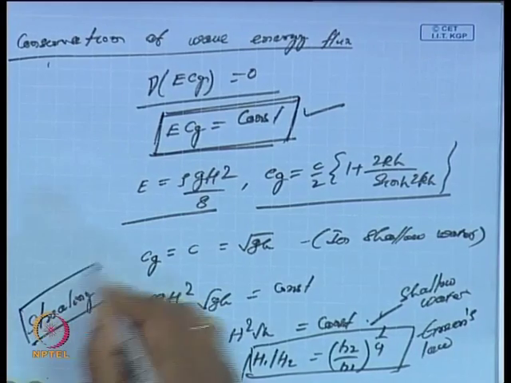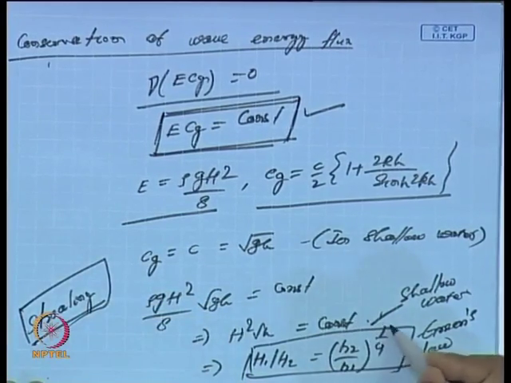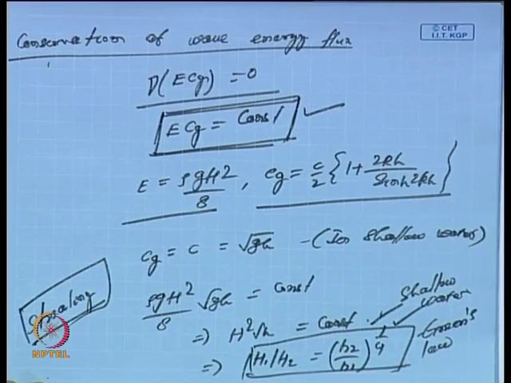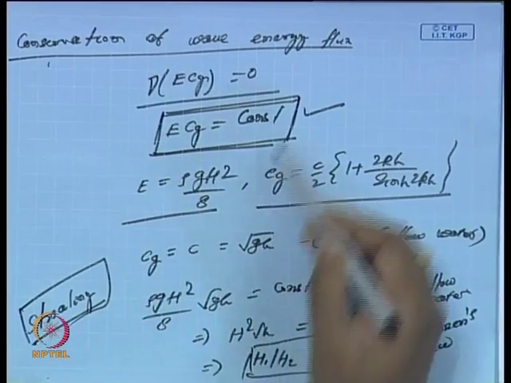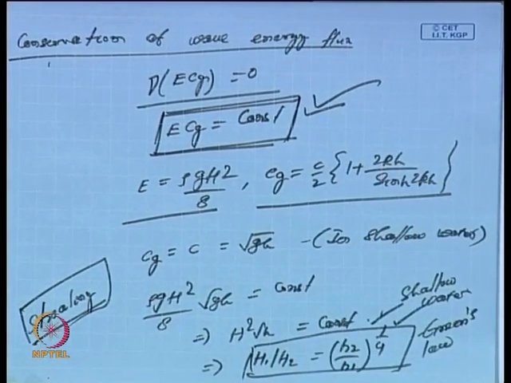And in case of shallow water, this follows this. If there is no refraction or diffraction, and the wave only propagates from the deep water to shallow water, suppose there is a change in water depth, then they will follow this rule, and that comes from the conservation of the wave energy flux.